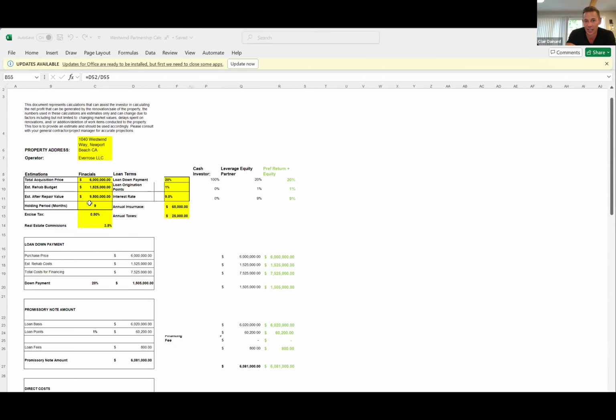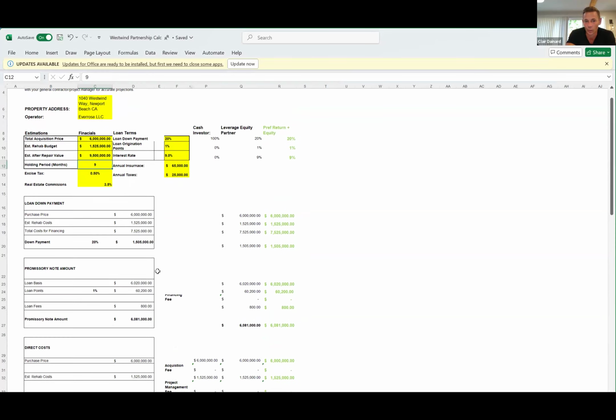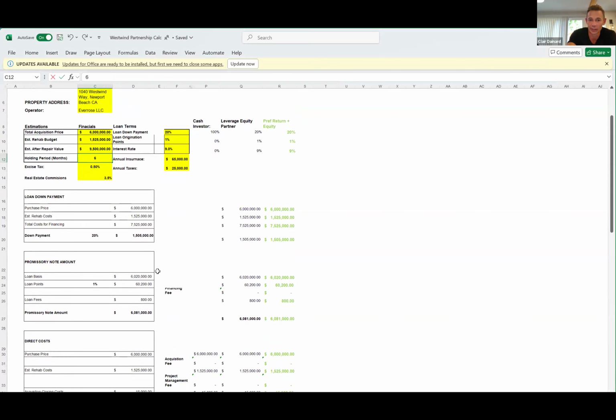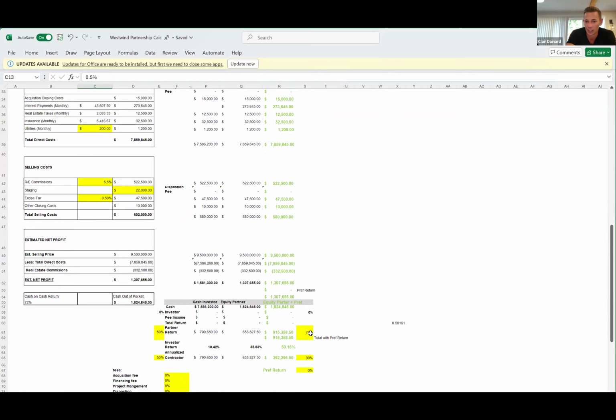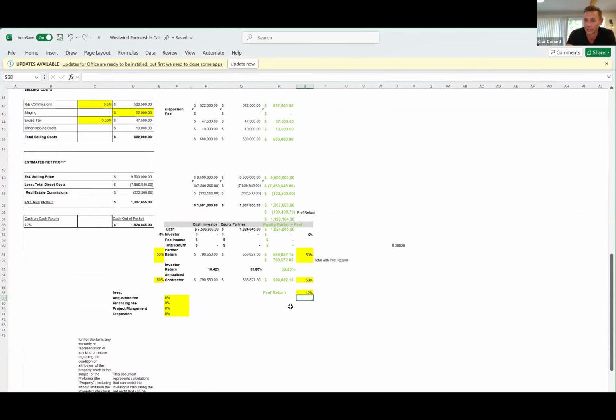Because his time frame here, this contractor, if he gets it done in 6 months, he is making roughly $600,000.